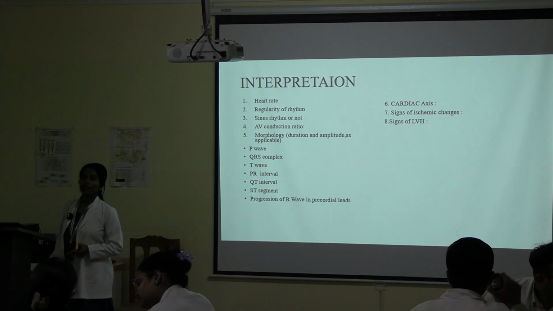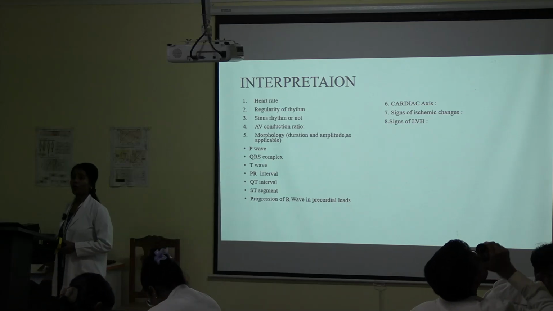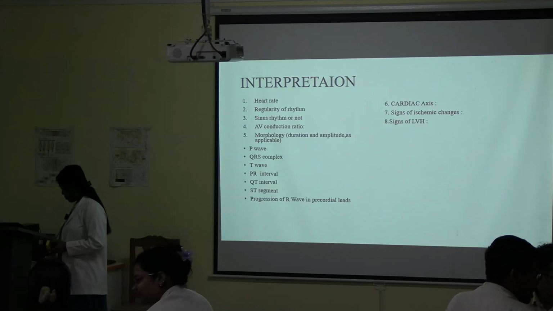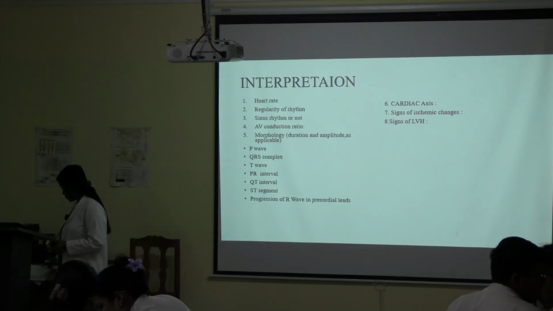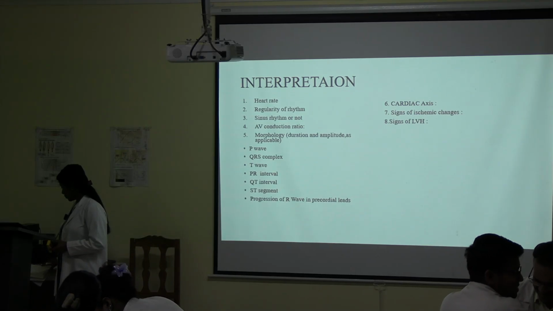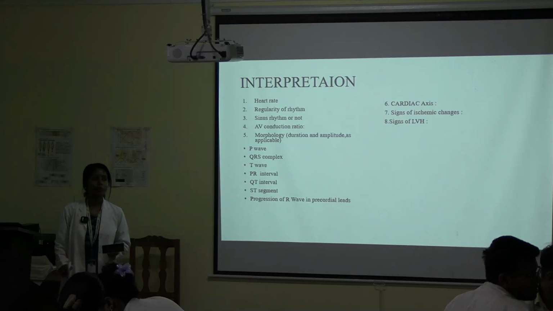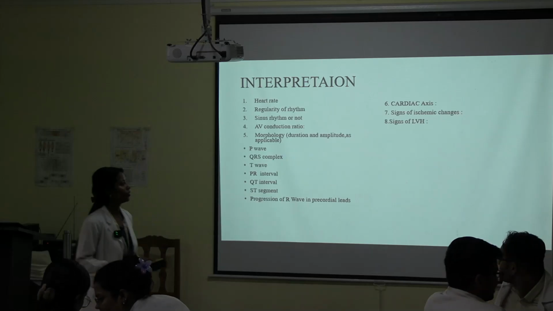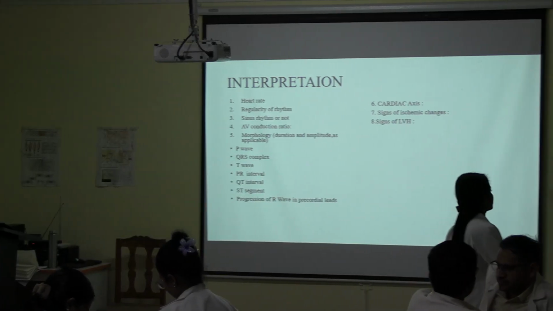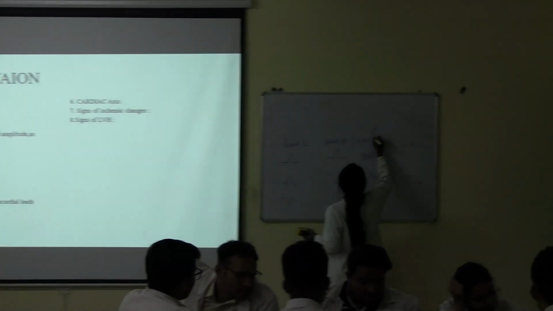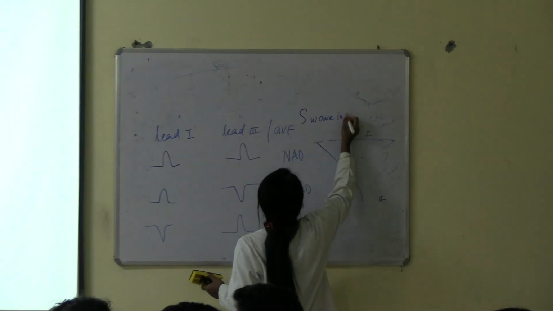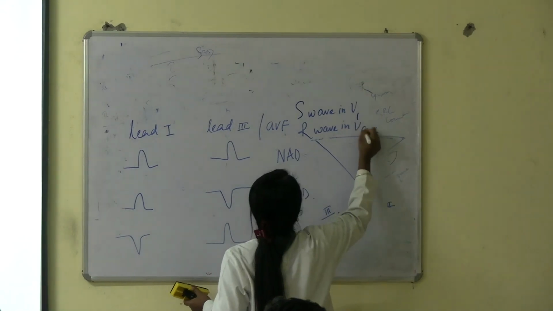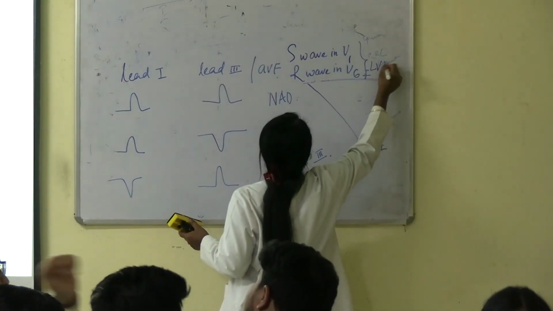If it is more than 3.5 millivolt, then that is left ventricular hypertrophy. Okay. So which leads do you have to see? S wave in V1, R wave in V6. That is for left ventricular hypertrophy.